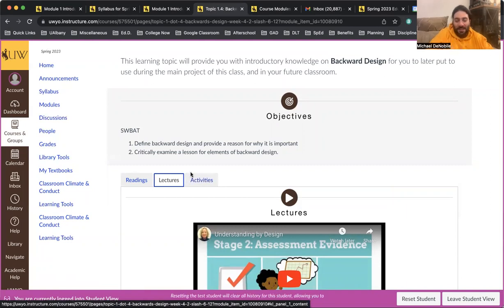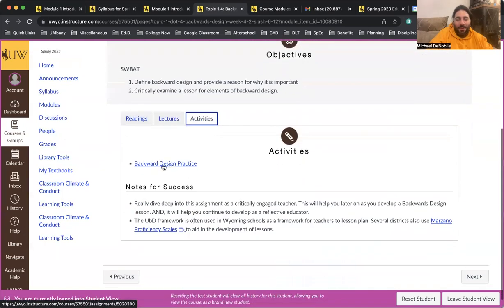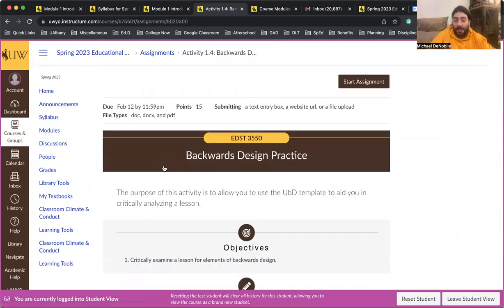You're going to see the video for UBD, and then you're going to do a backwards design practice where you're going to get a unit that's already been planned. So whether it's a unit that you've done or another teacher has done, you're going to then basically assess the UBD template.